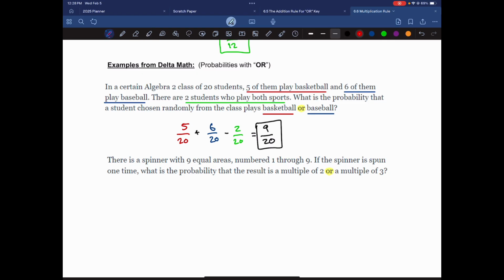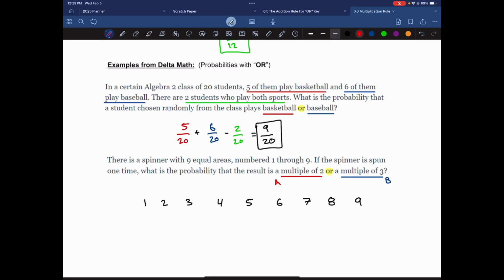So my multiples of 2, I'm going to label A. And my multiples of 3, I'm going to label B. Now I've got to number all my numbers 1 through 9. 1, 2, 3, 4, 5, 6, 7, 8, and 9.